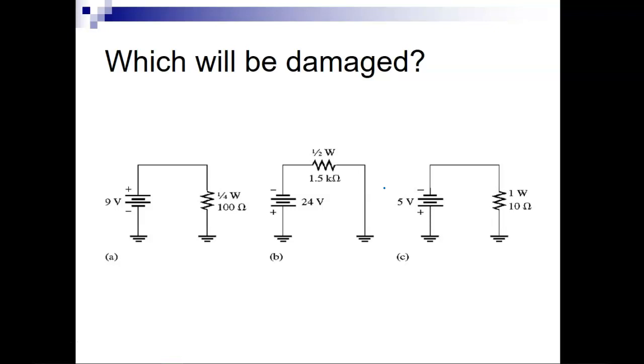Get y'all to do some math tonight. I already know B is damaged. Why is that? Because you got too much resistance with small power.